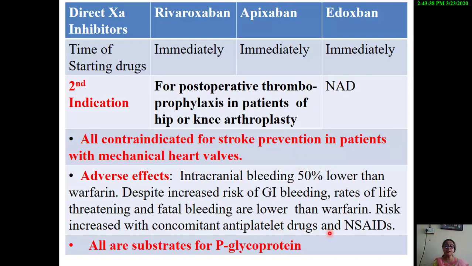As far as the drug interactions are concerned, similar to dabigatran, all these compounds, that is dabigatran, rivaroxaban, apixaban, and edoxaban, are substrates for the P-glycoprotein transporter. So all those drugs which either inhibit the P-glycoprotein transporter, or which lead to increased expression of the P-glycoprotein transporter, will be responsible for producing drug-drug interactions with these four compounds.